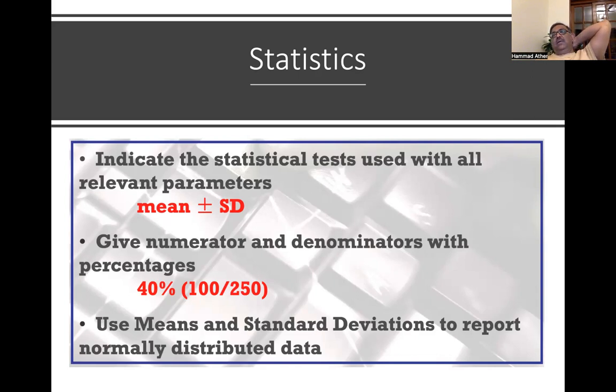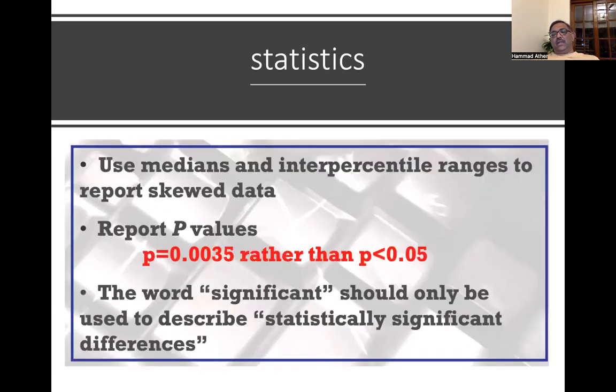It may mean 4 out of 10, or 8 out of 20, or 40 out of 100. So you need to write the denominators and numerators for people to be able to understand. Means and standard deviations are used to report normally distributed data. For abnormally distributed data, there are other ways of describing. For the statistical method, you need to discuss it with a statistician if you're not very good with it.